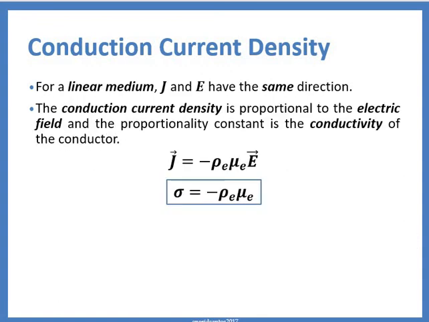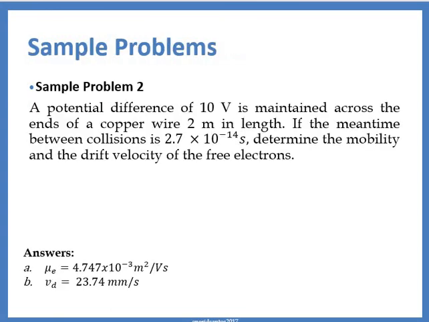For a linear medium, J and E have the same direction. The constant of proportionality between J and E is called the conductivity of the conductor, denoted by sigma. Sample problem number 2 for this topic will be solved in the next video.